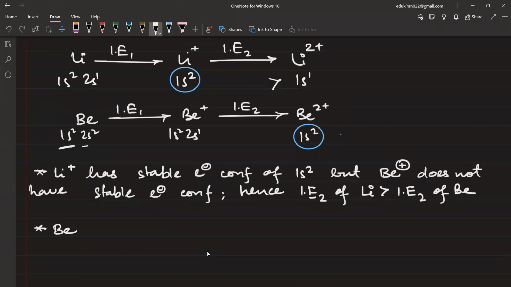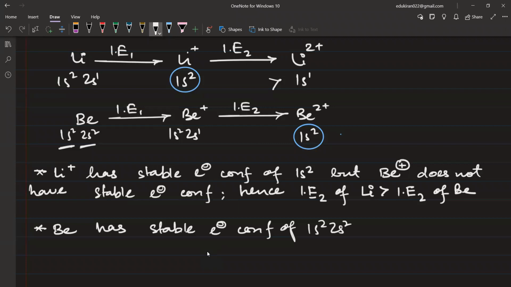Beryllium has 1s2 2s2. Both of these are fully filled, right? So beryllium has stable electronic configuration of 1s2 2s2. Both of these are completely filled.